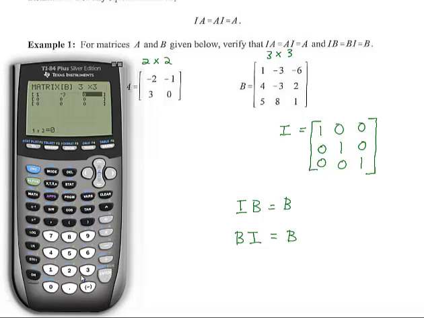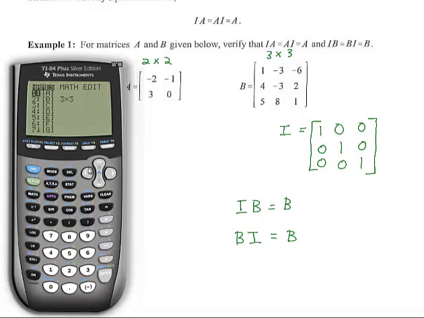Enter the elements, 1, negative 3, negative 6, 4, negative 3, 2, 5, 8, and 1. Okay, so B is in our calculator.